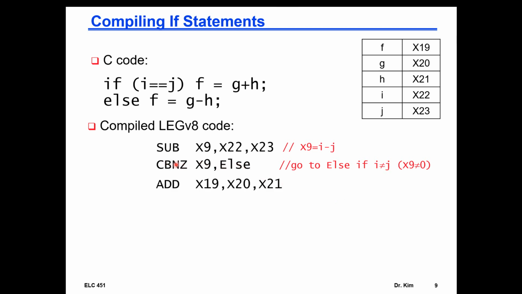If I don't make this branch, then it means that i and j are the same, because I can only have two outcomes: either this result is 0 or it is not. If it's not non-zero, that means it is 0, and that means i and j are the same, so I'm going to take the primary path here and add g and h and assign it to f.